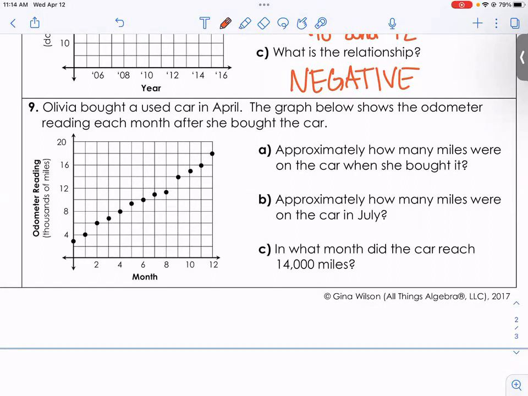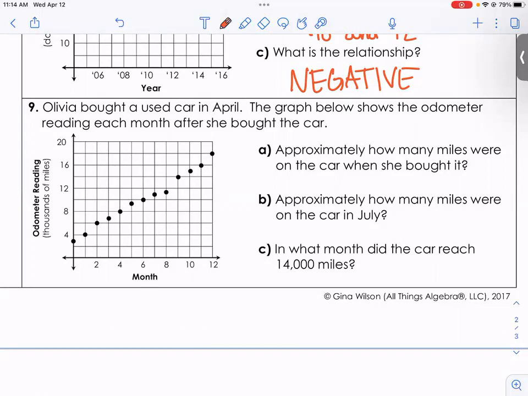The graph shows, you know what this is? Odometer. You know what that is? It tells how many miles the car has. Each month after she bought the car. So here's the months and here's in thousands of miles. 4 means 4,000 miles.